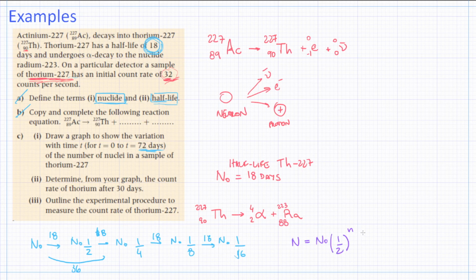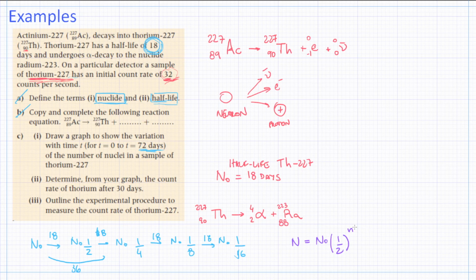So we can rewrite this equation in this way. The number of counts or particles is going to be the initial counts or number of particles times a half, raised to the number of half-lives that have passed. Now, in this case, how many half-lives have passed? You have to divide the 72 days by the 18 days, which is your half-life.